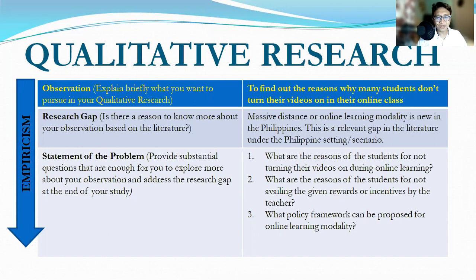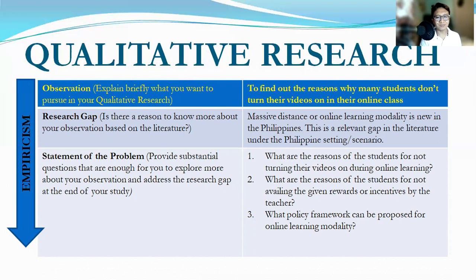So this alone, if you will be able to find some reasons in this, later, after your interview and data analysis of the data coming from your interview with your participants, you might be able to somehow deconstruct the incentive theory, or perhaps enhance this theory. So what policy framework can be proposed for online learning modality?